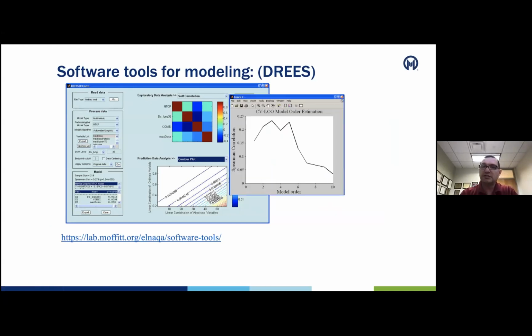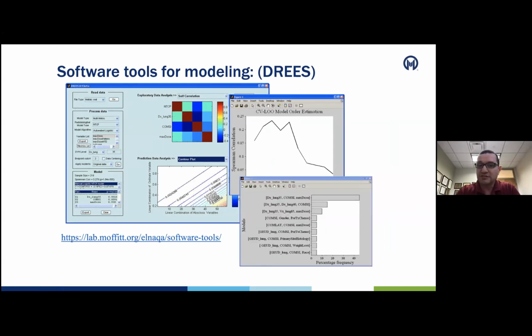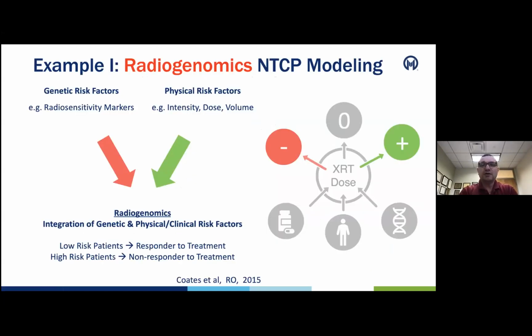One example using regression techniques is trying to identify the optimal parameters when looking at radiation pneumonitis, for instance, and what are the metrics that drive this kind of model, such as location in the lung, maximum dose, or the D35. Now, talking about more advanced NTCP modeling, like radiogenomics, where you are combining not only the physical factors but also genetic factors, such as genetic variants, and trying to identify low-risk and high-risk patients.